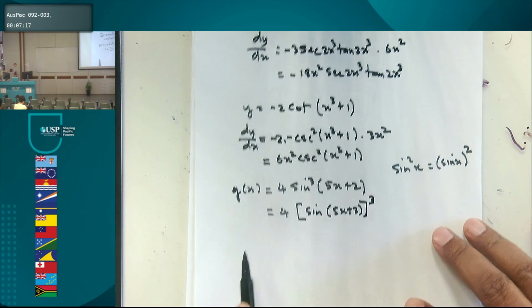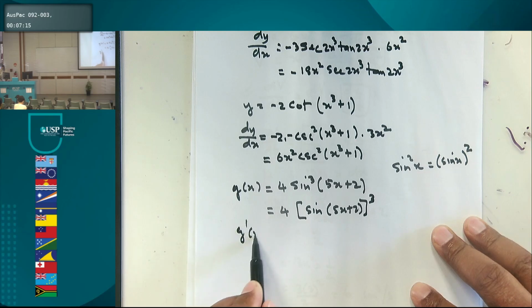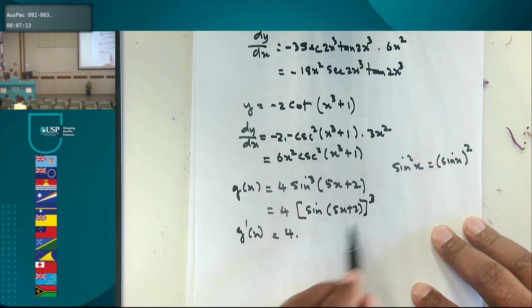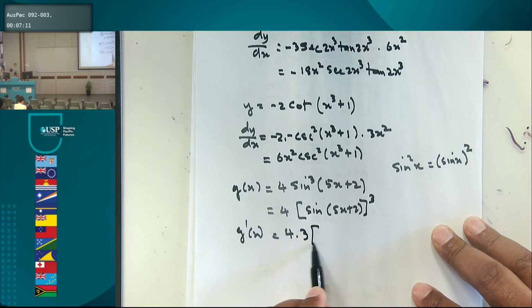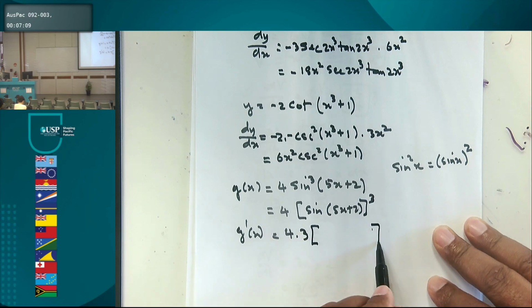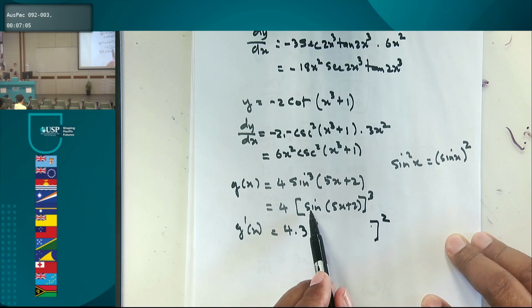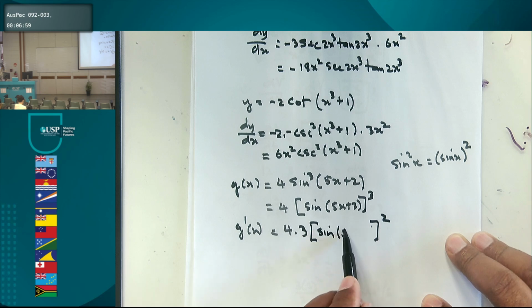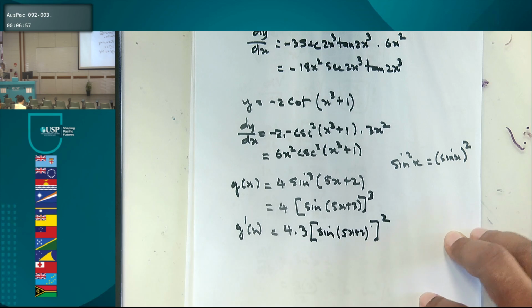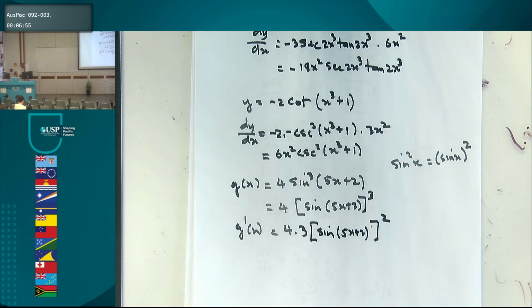So g dash, 4 times we are bringing the 3 down. And the power is now 2. And we said the inner function remains. And then what next? We now have to differentiate the inner.